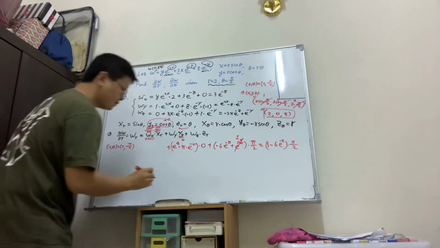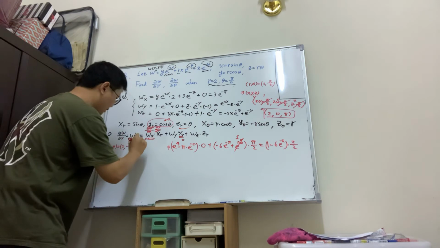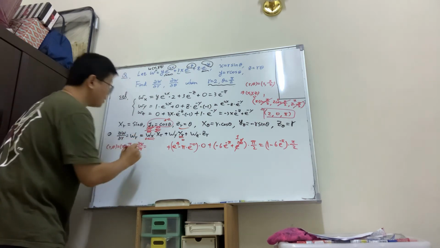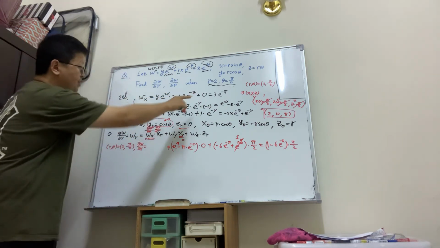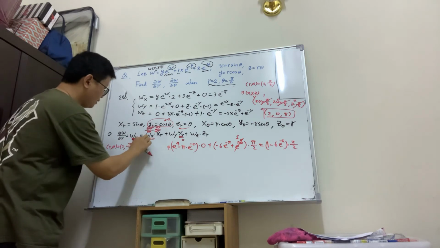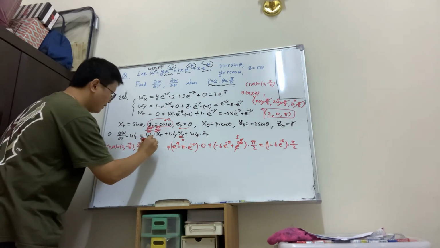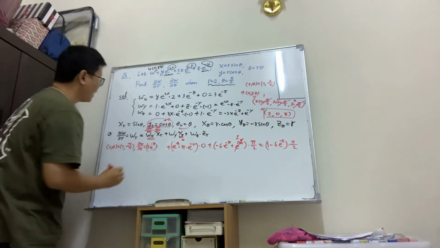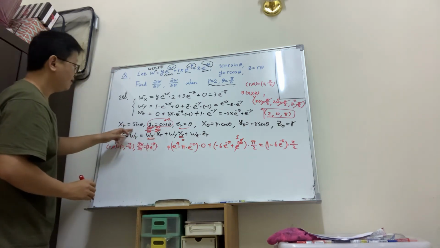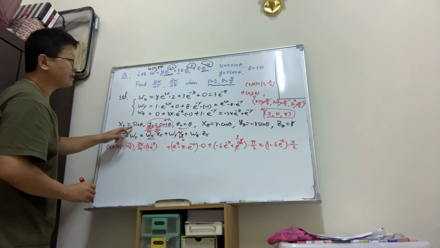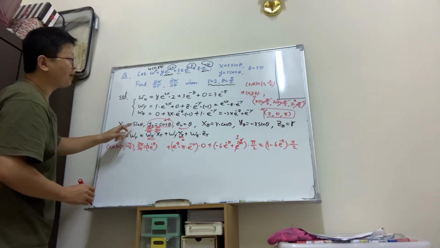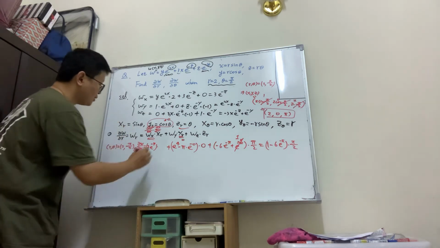So partial w, partial r equals the first term is 3 exponential negative pi times xr. xr is this term, xr sine pi over 2. So sine pi over 2 is 1.